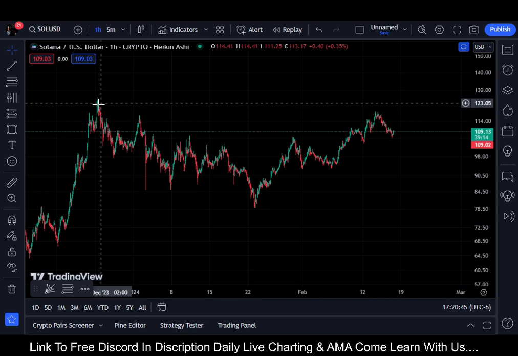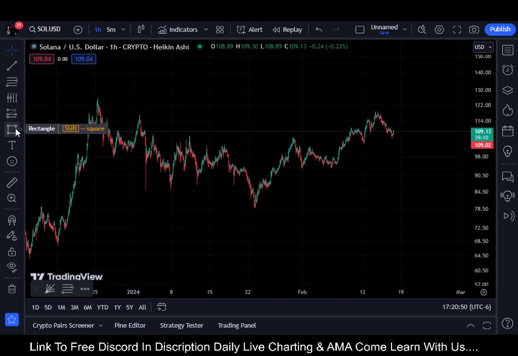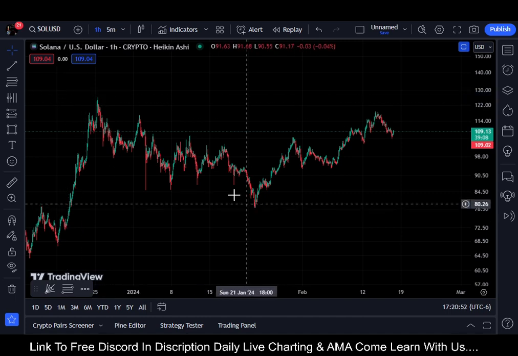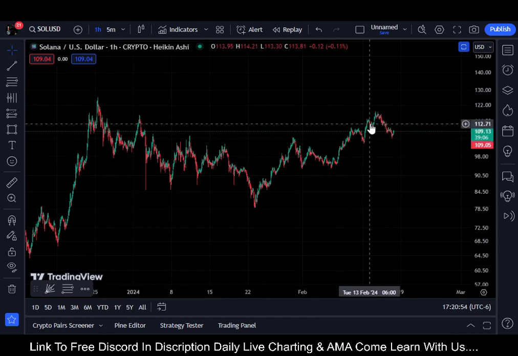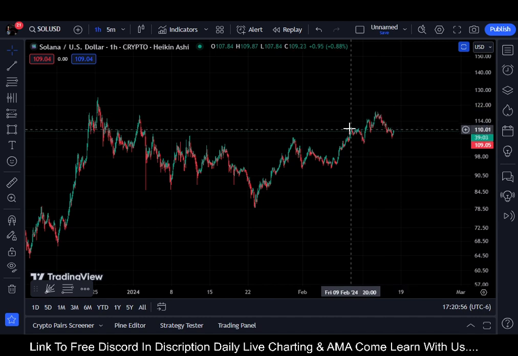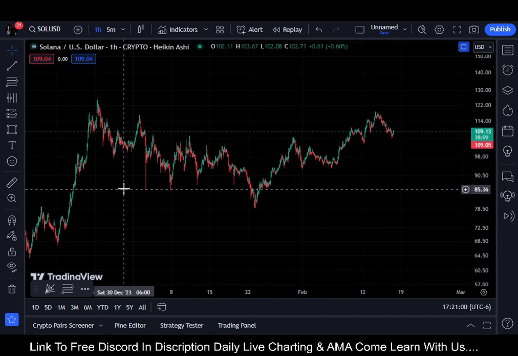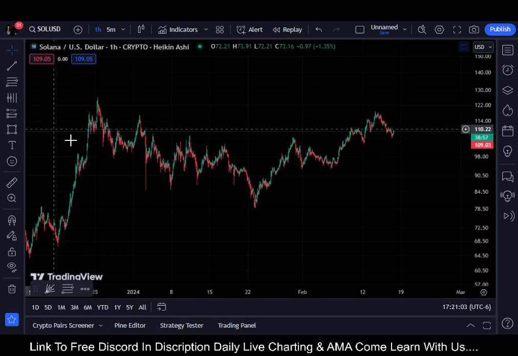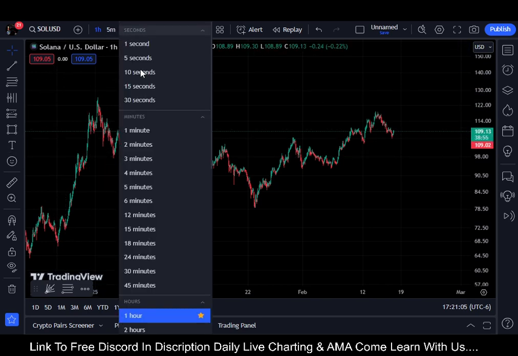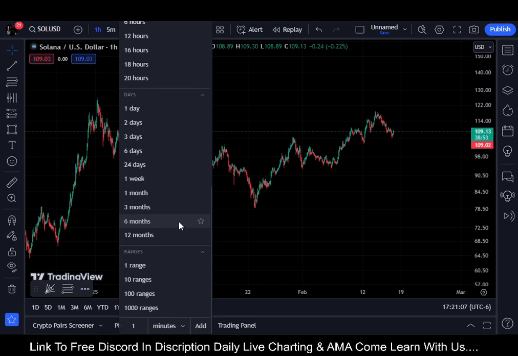We're on a 1-hour chart. We could do this on a yearly chart, a 5-minute chart, whatever. Here's the swing high, here's the swing low, this is the range. There's always little ranges in here, here's a range, here's a range, but here's the bigger range right here. We're going to go back to the daily, because this is what you use for forecasting.